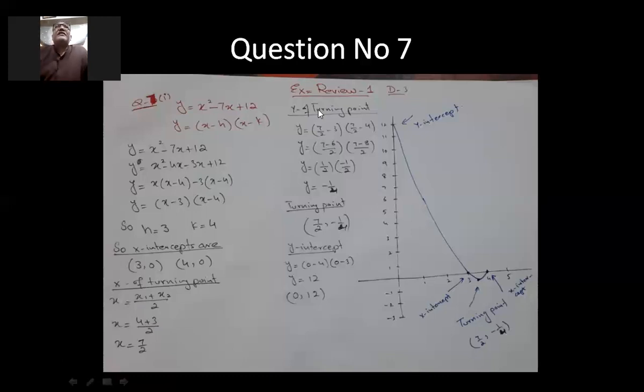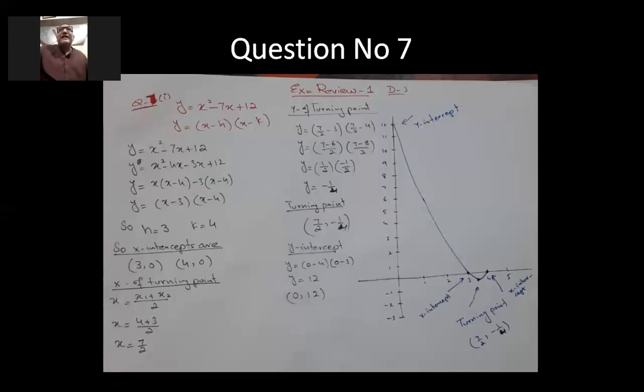Now I will find the y of the turning point. You can take this equation or this equation and substitute x with 7 by 2. You can see here I have done that. Y equals 7 by 2 minus 3, and in the next bracket, 7 by 2 minus 4.